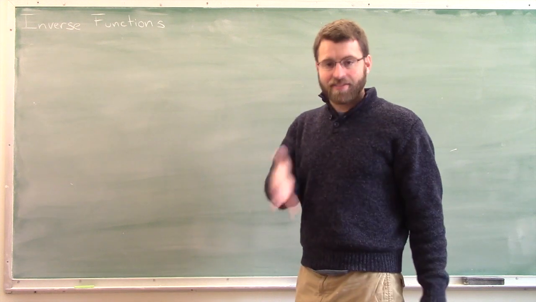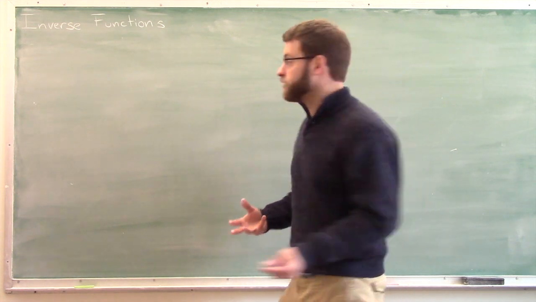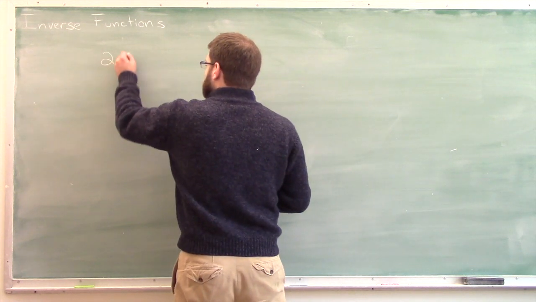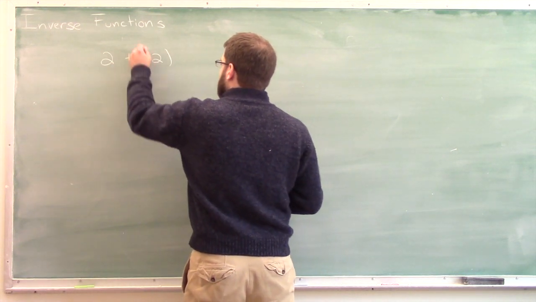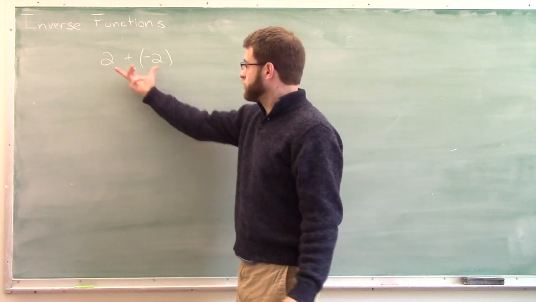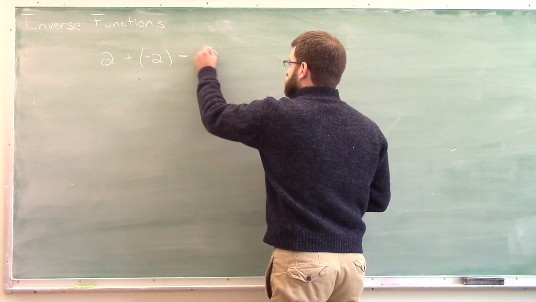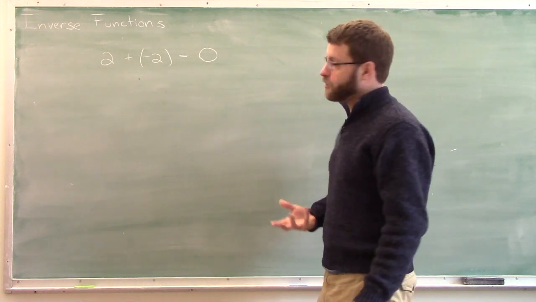When we add things together, an additive inverse is like a negative number. So if I take 2 plus negative 2, these two objects are additive inverses. When I put them together, they cancel out, and the result is 0. Okay?